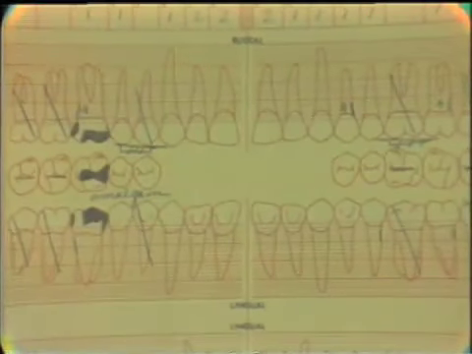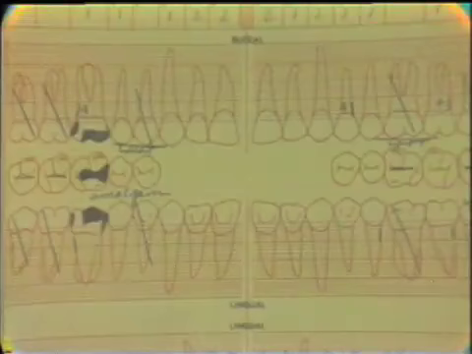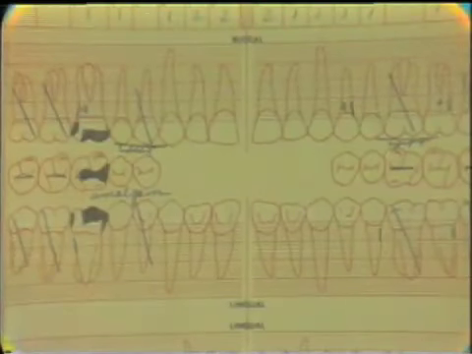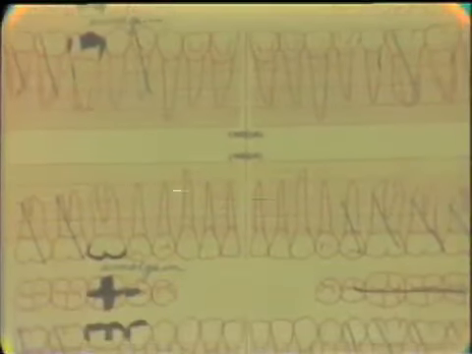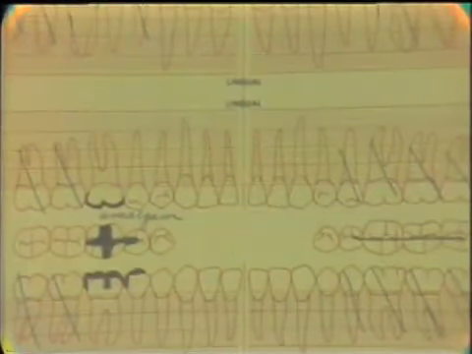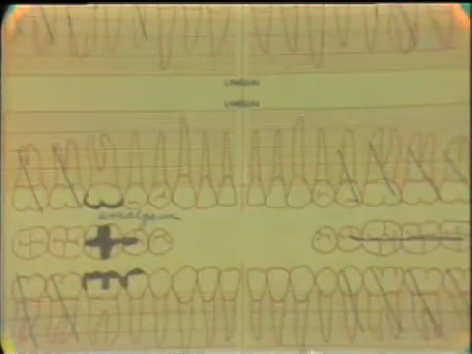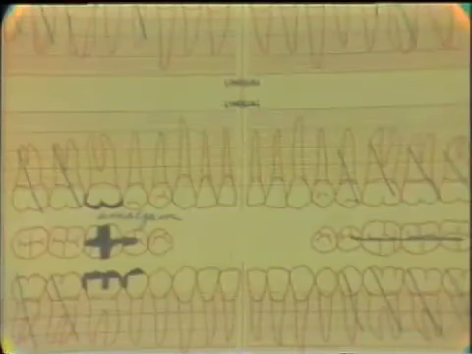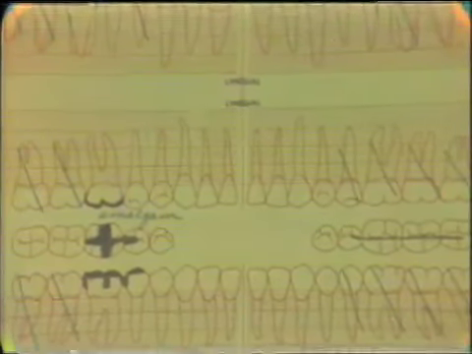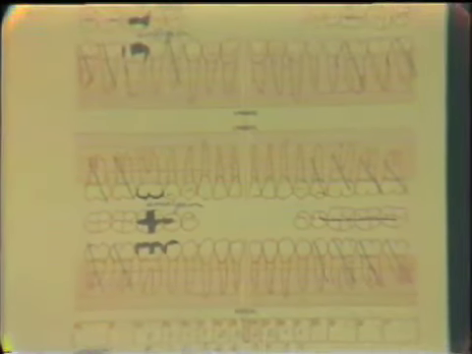Any areas of decay can be recorded on the chart, open contacts, and types and conditions of restorations. All of this information, which we will be subsequently looking at on the patient, can be charted and will be available to you when you make your treatment plan in a summary type of form.